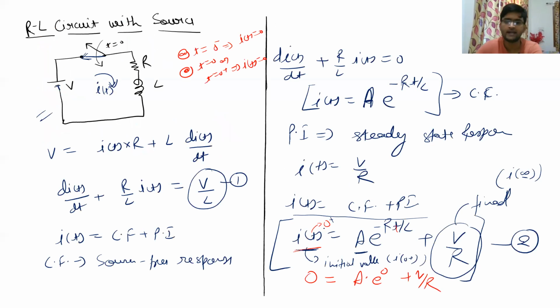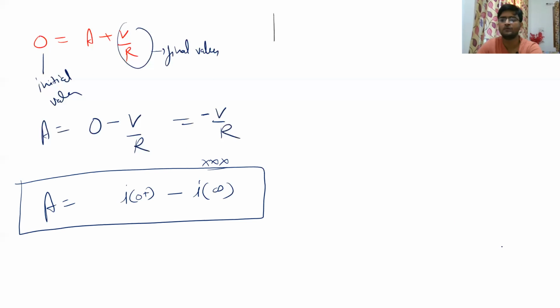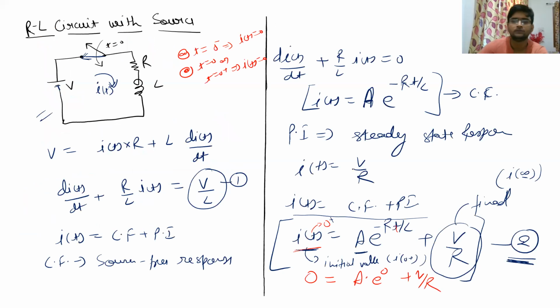So if we write this equation, which is equation 2, in the general form, how can we write the equation of i(t)? We can write it like this. i(t) is equal to, what is the value of A we got?